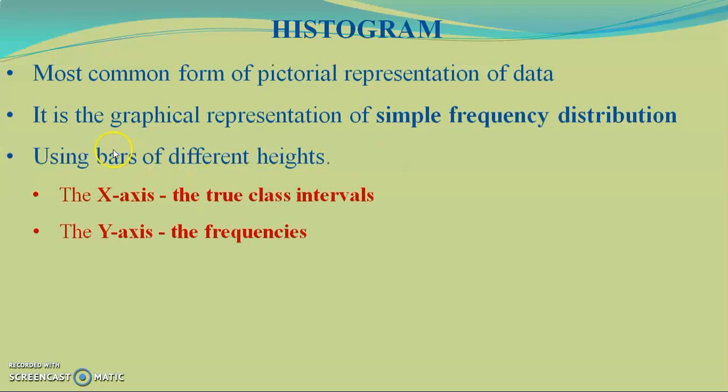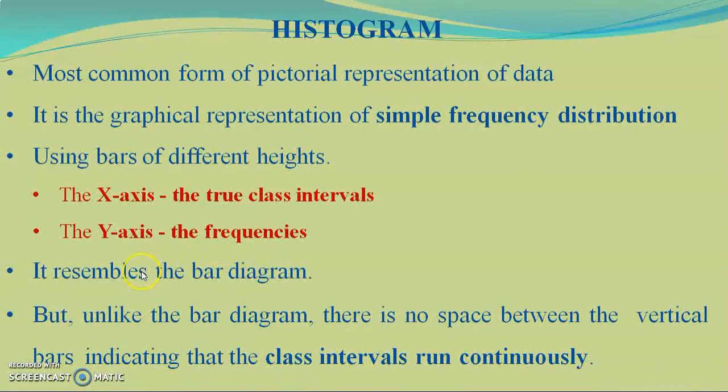A histogram uses bars of different heights, and on the x-axis the class interval will be given, and on the y-axis the frequency of the particular variable is given. And we will understand it better in the example. It looks like the bar diagram, but unlike a bar diagram, there is no space in between the vertical bars.